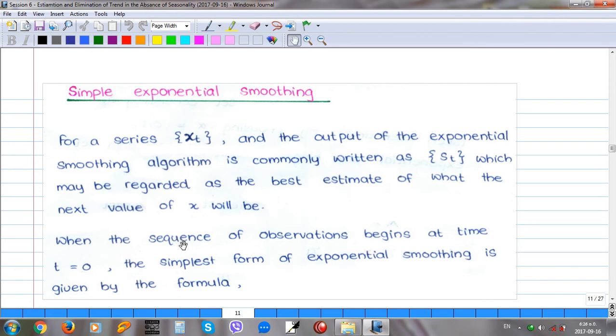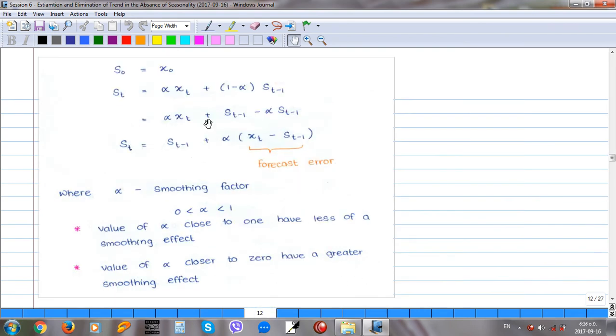When the sequence of observations begins at time t equals 0, the simplest form of exponential smoothing is given by this formula. S_0 is always equal to x_0, and for the next ones you use S_t equals alpha times x_t plus (1 minus alpha) times S_{t-1}.